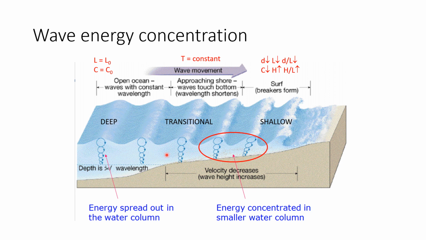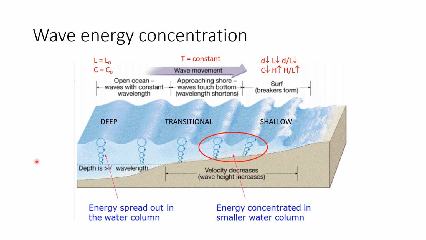Of course, if the seabed is erodible, then the concentrated wave energy will erode the seabed. And let's say if we disregard that, another form of wave energy dissipation is the process whereby wave breaking takes place.